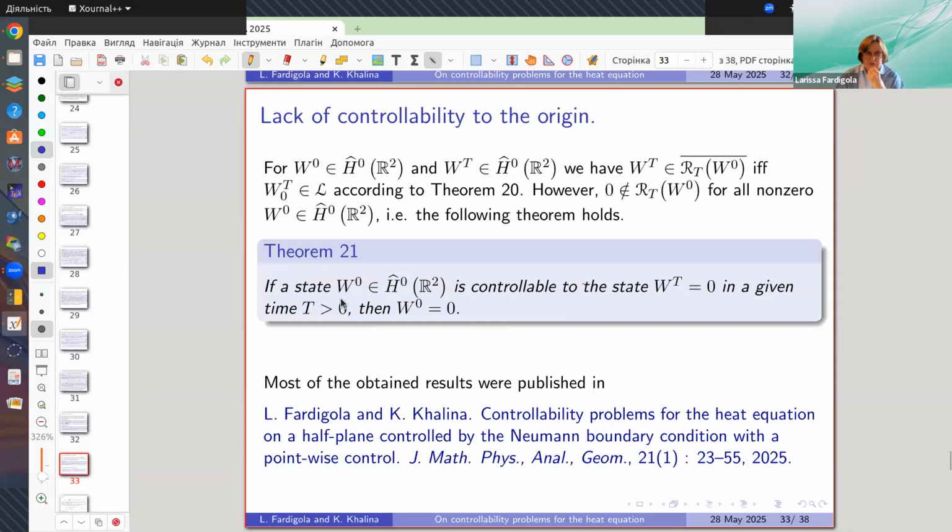So if state W0 is controllable to the state WT, that is equal to 0, in a given time T, then W0 equals 0.